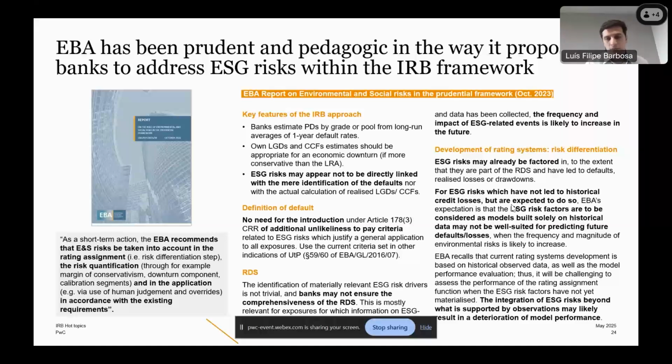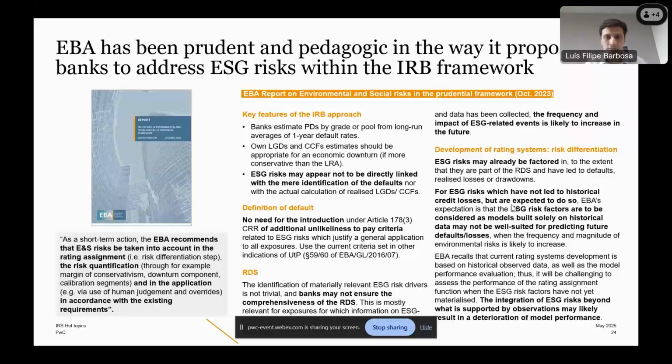In terms of data, what EBA is stating is that we believe the reference data set will not be comprehensive enough to capture all ESG related events, and therefore that could be an issue in terms of bringing in additional risk factors that will be tested and confirmed for their adequacy, in the same way that when we look at how to adjust the models, some messages need to be reminded.